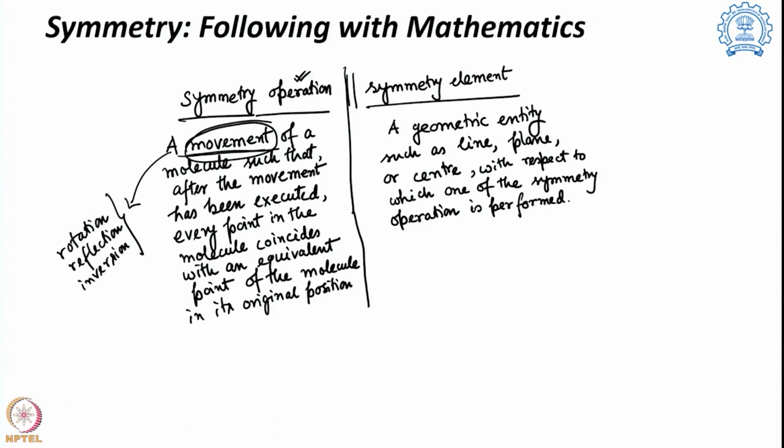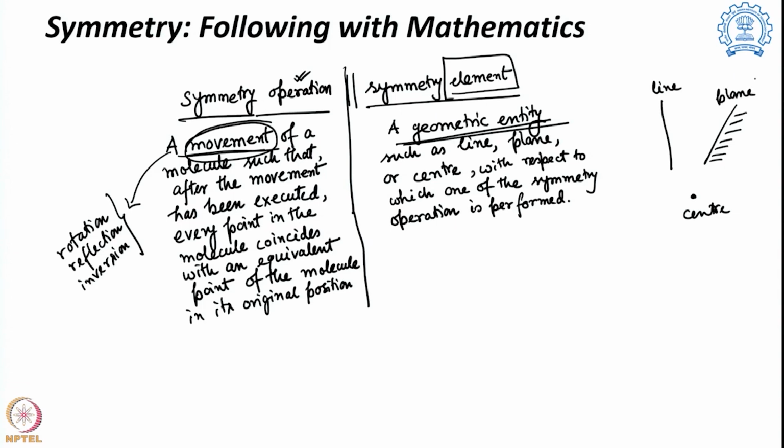So, it can be a line, it can be a plane, or it can even be a center, around which the symmetry operation is performed.